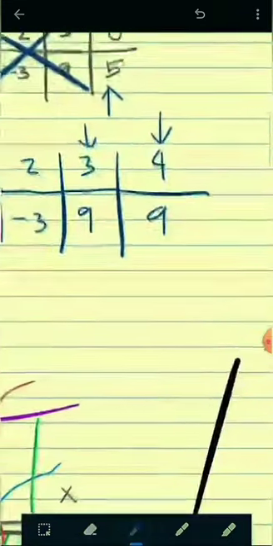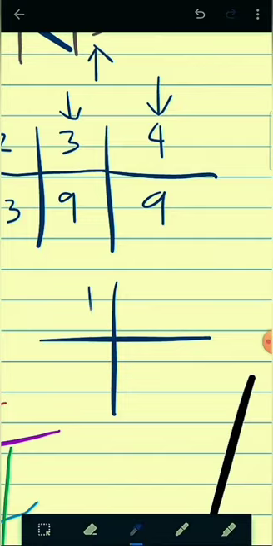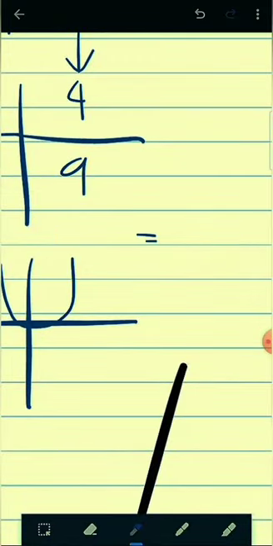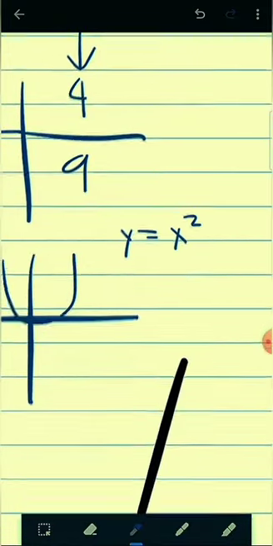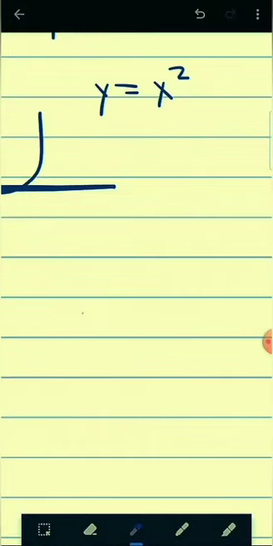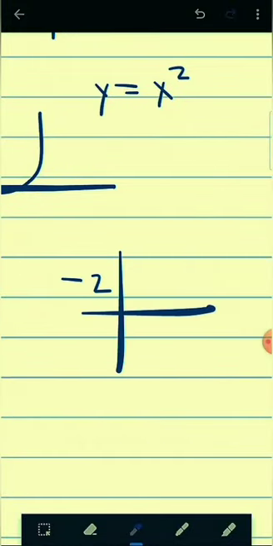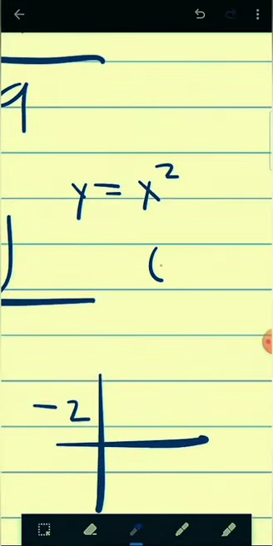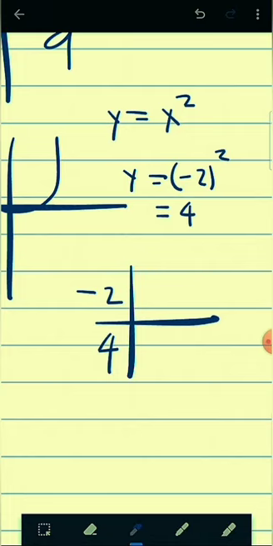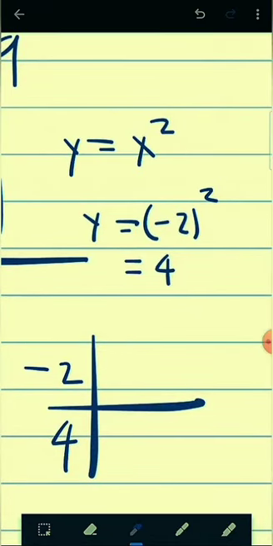Just like the graph of y is equal to x squared. Notice that if I input negative 2, what's negative 2 squared? That's my x, right? Negative 2 squared is 4. And if I input positive 2, 2 squared is equal to 4 as well.